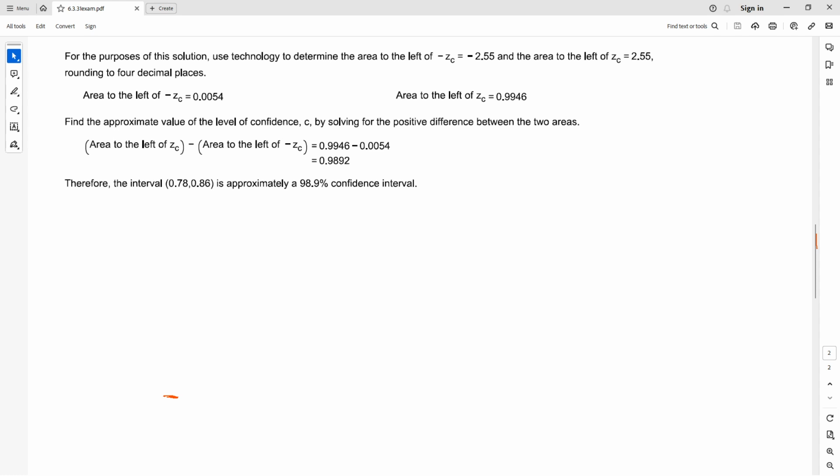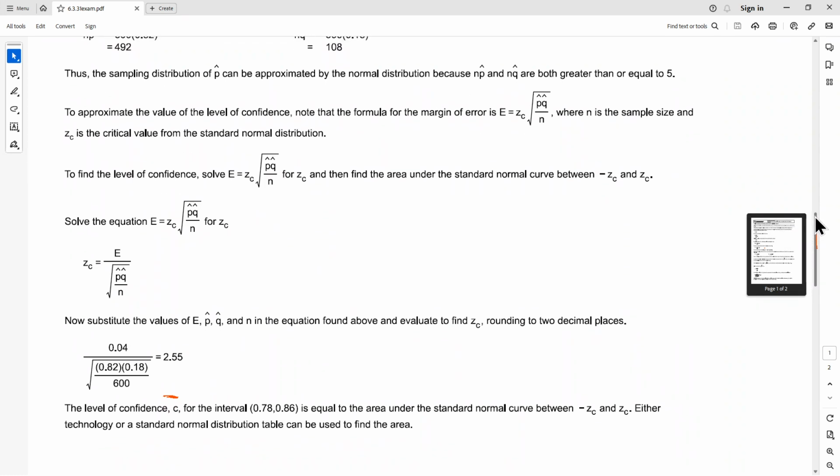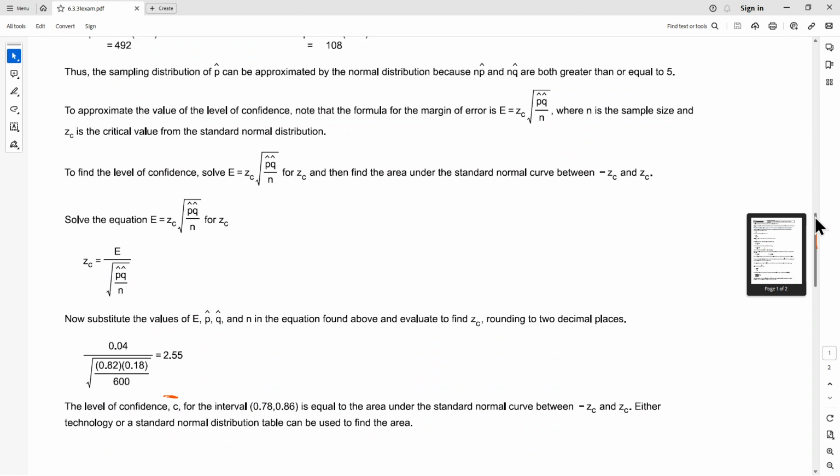Let's take a look at this again for this problem. We found our z-score. It's the area underneath the curve between negative c sub z and c sub z. Use technology or a standard normal table to find the area.